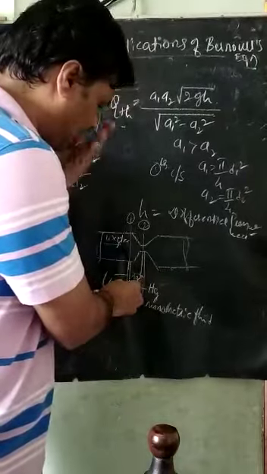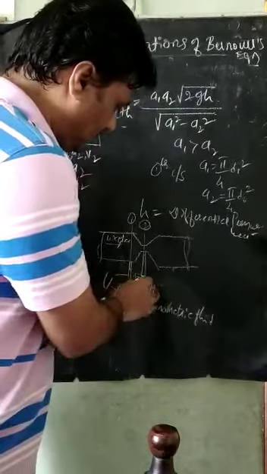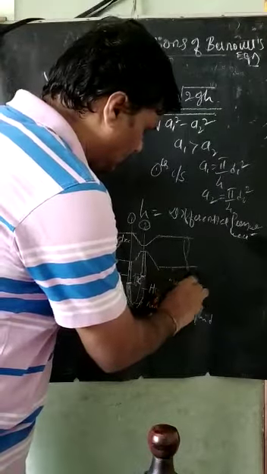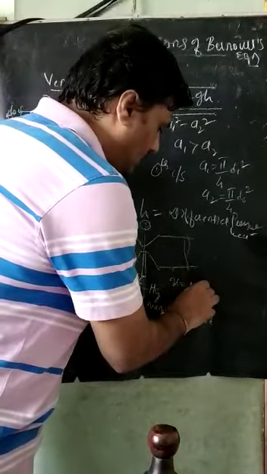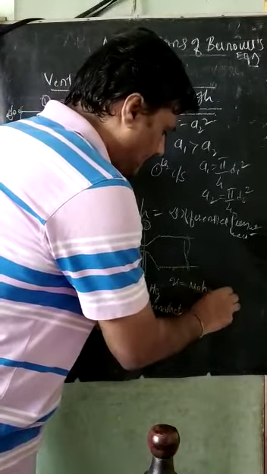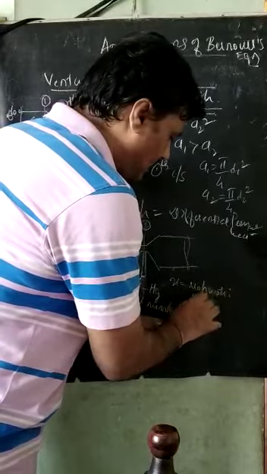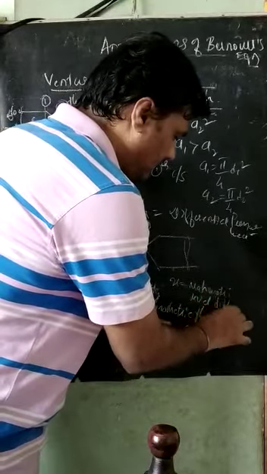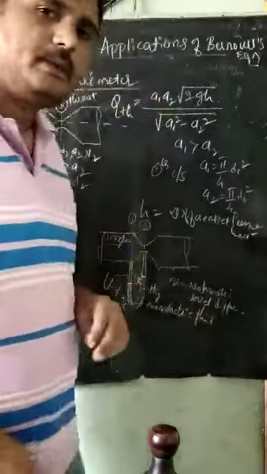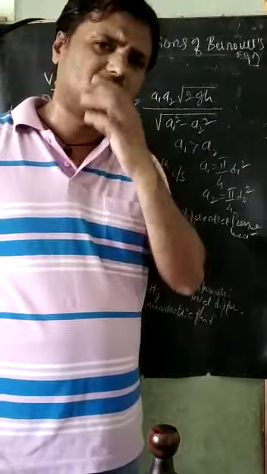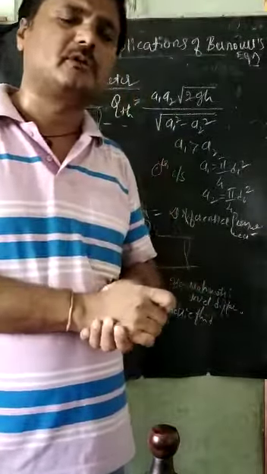This is the level at the left limb and this is the level at the right limb. That is x. It is in centimeter, sometimes it has to be taken in meter.